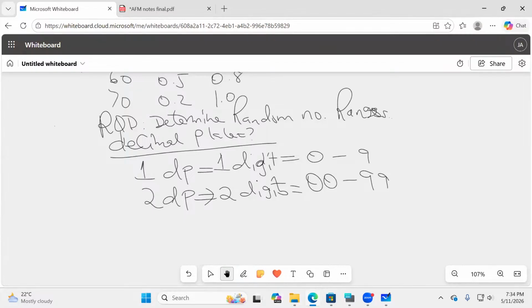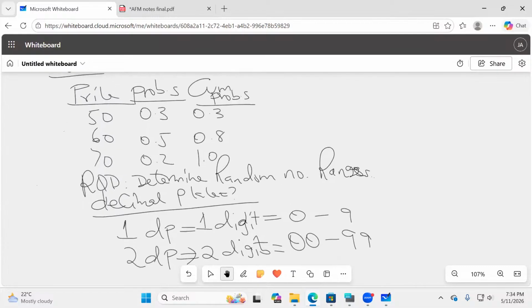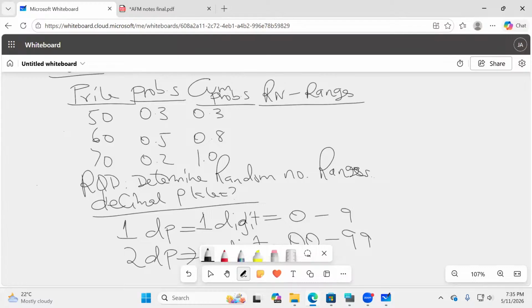Now, my very good students, please listen to me very well. Look at what I will do to be able to write these random number ranges here. See what I'm doing out of my cumulative probabilities.